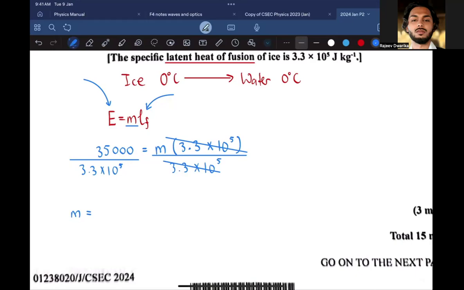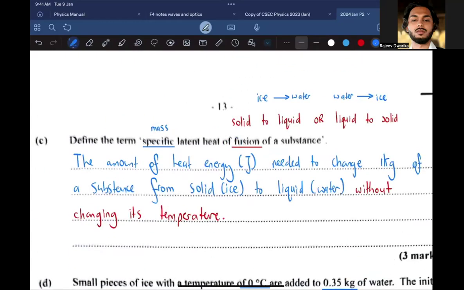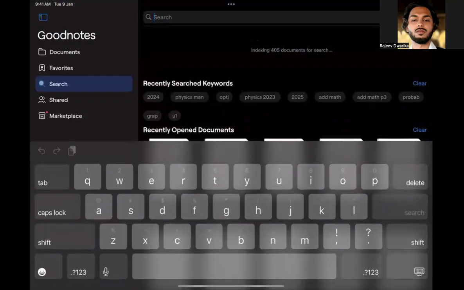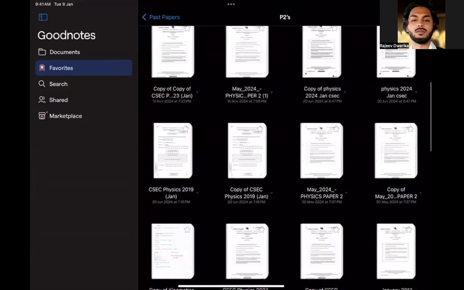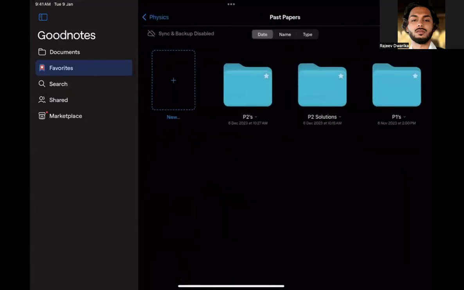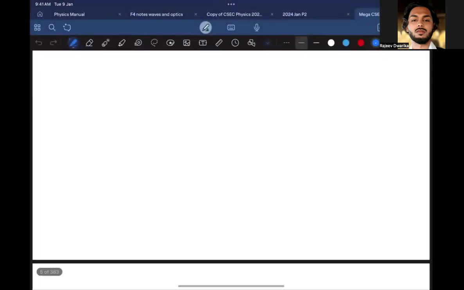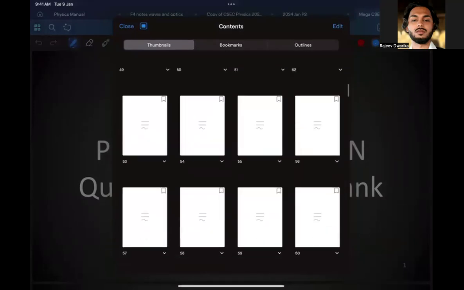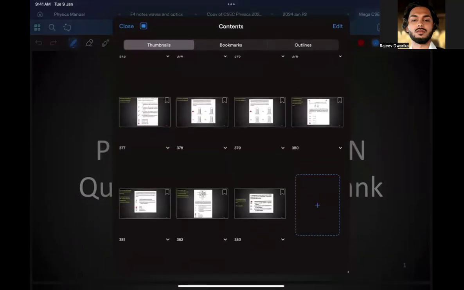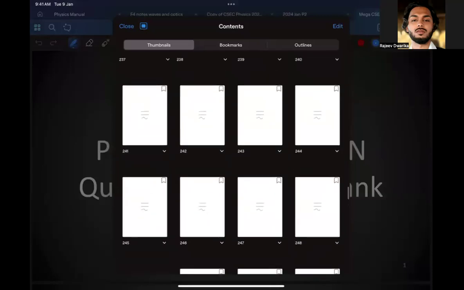Justin, I have something. I'm sure what I have, right? This is actually insane. Watch this. I have nothing to worry about when it comes to paper one. I'll show you why. This document contains all the possible paper ones for physics, and the answers there as well.